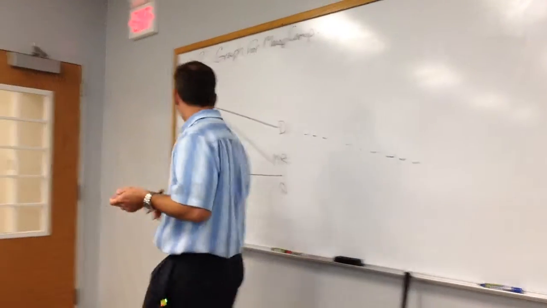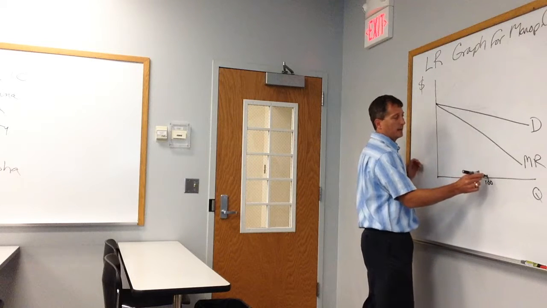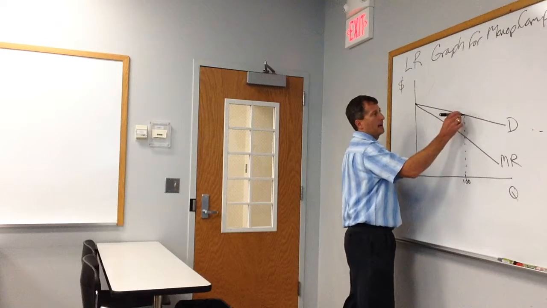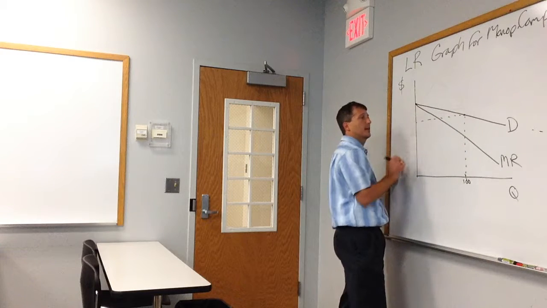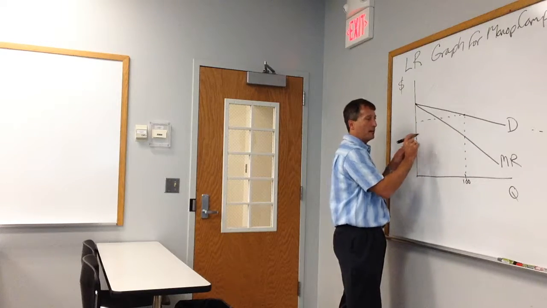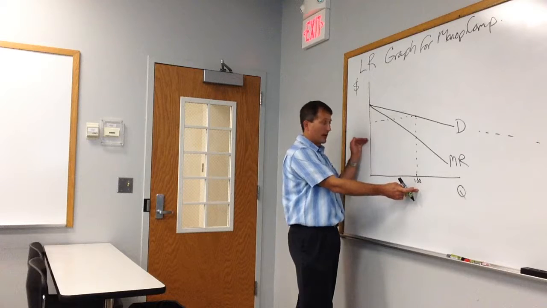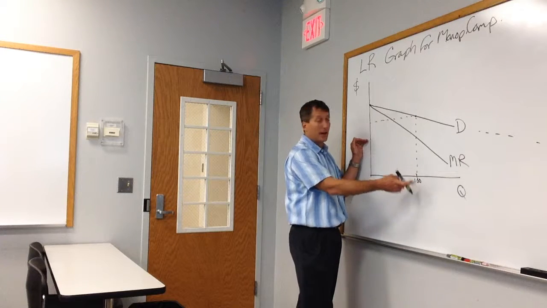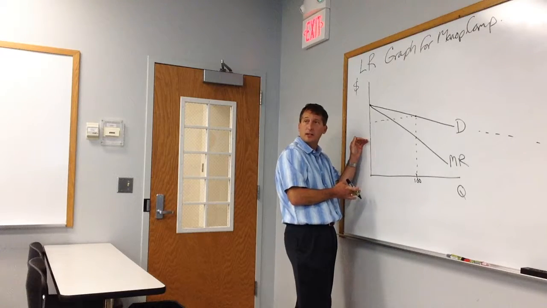So that can be confusing because we look at this and we say, wow, if I'm selling 100 hamburgers here, why is it that I'm selling 100 hamburgers at this price, but I'm only bringing in this much revenue on the 100th burger? The reason is, in order to sell the 100th burger, I had to lower my price, not only for the 100th burger, but for all the previous 99 that I was selling to, right?